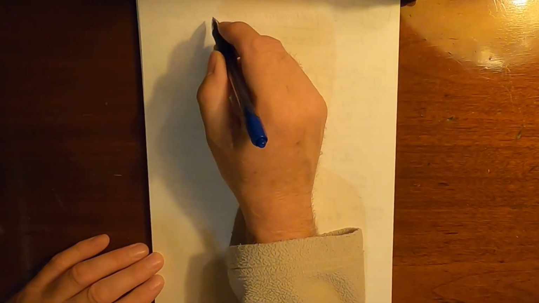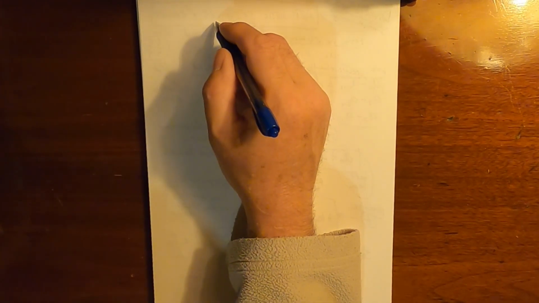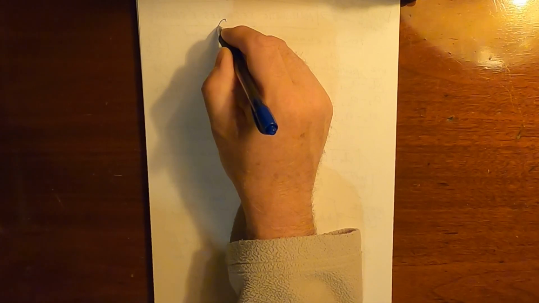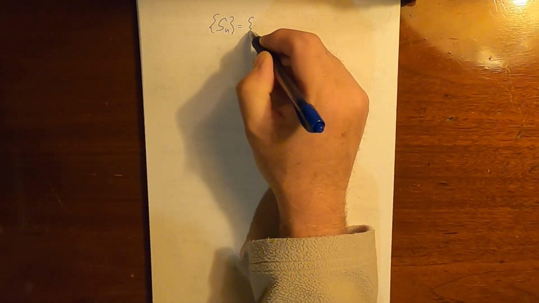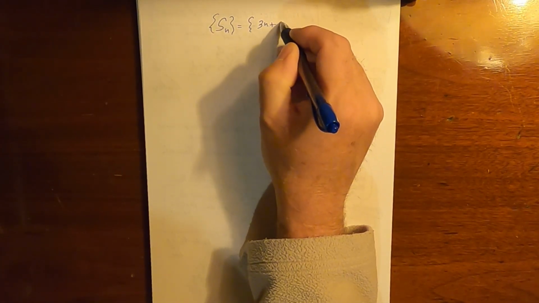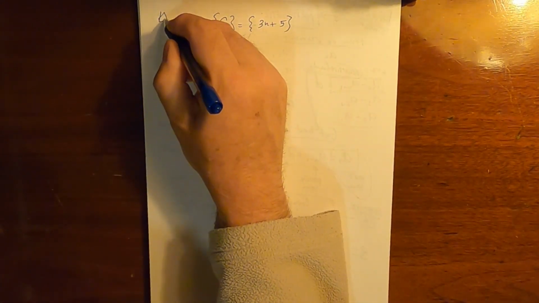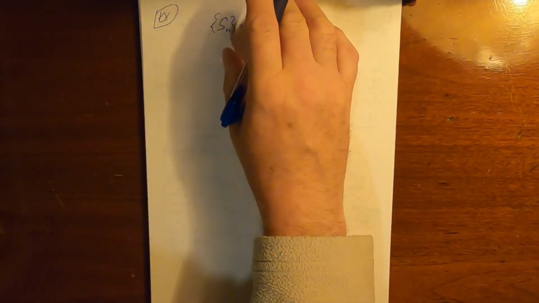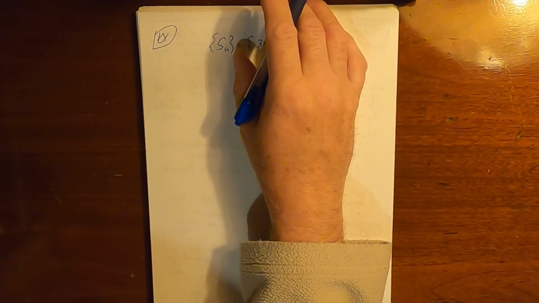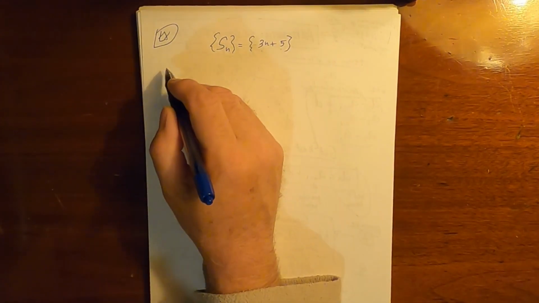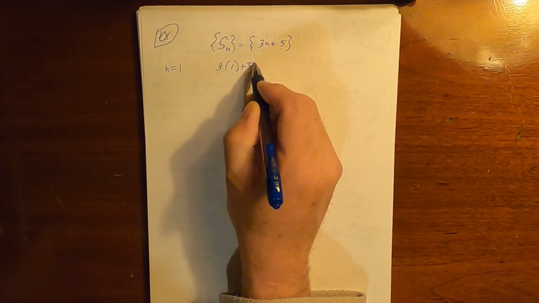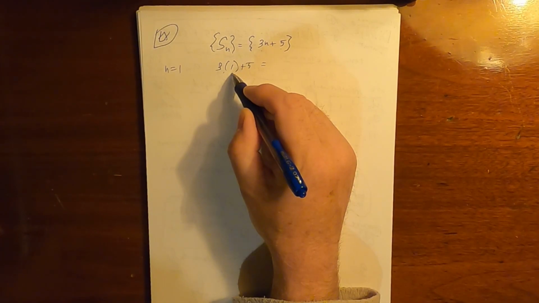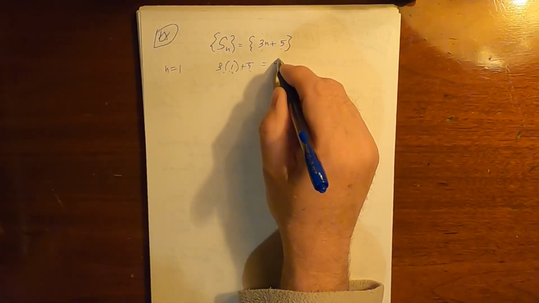I'm going to call it some sequence of n, and this is given by 3n plus 5. What's the first one when n is 1? Well, when n is 1, I get 3 times 1 plus 5. So that's 3 plus 5, that'd be 8, right?